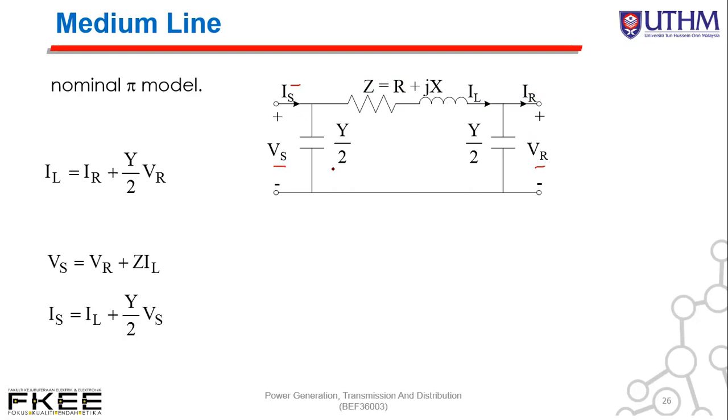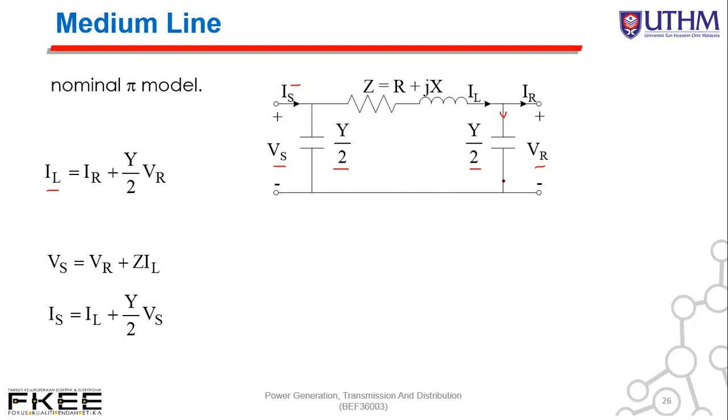In between we have the admittance, Y over 2 and Y over 2, due to the addition of capacitance. So we can get the equation: IL, the current in the transmission line, is equal to IR plus the current in the shunt branch, that is Y over 2 VR.